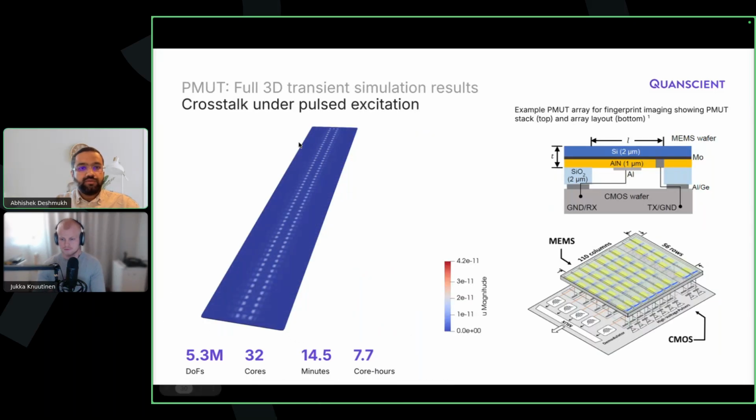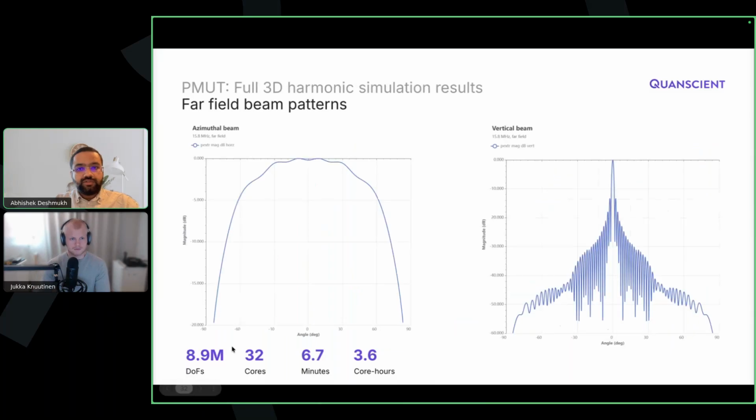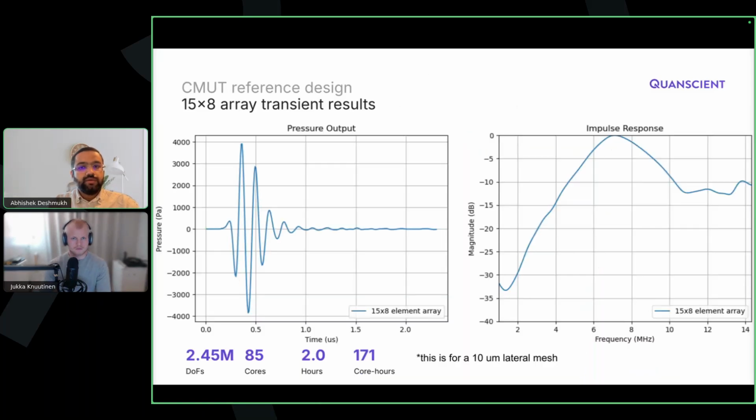We can do large arrays as shown here, and extract all kinds of outputs, far field beam patterns in different configurations. Then CMUTs, where crosstalk patterns can also be extracted.